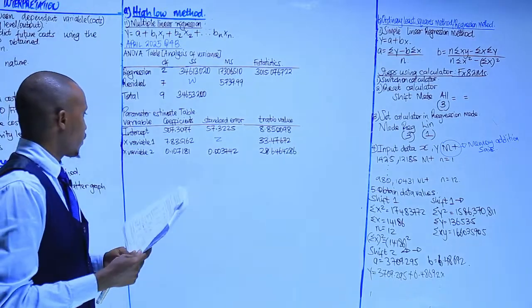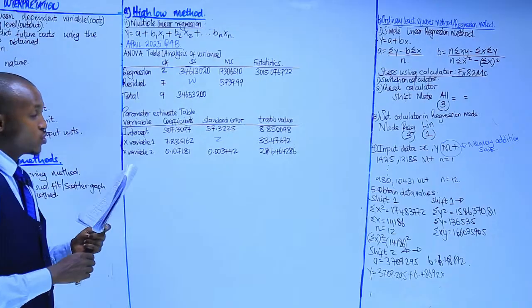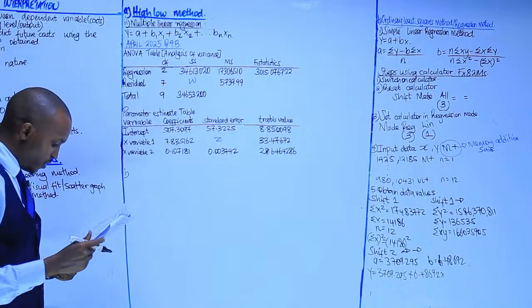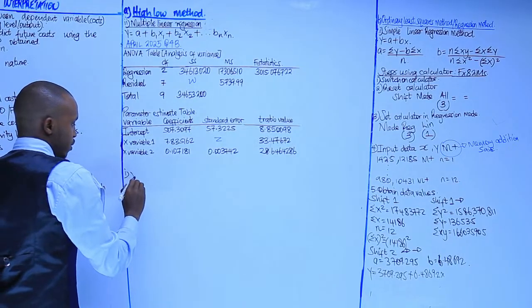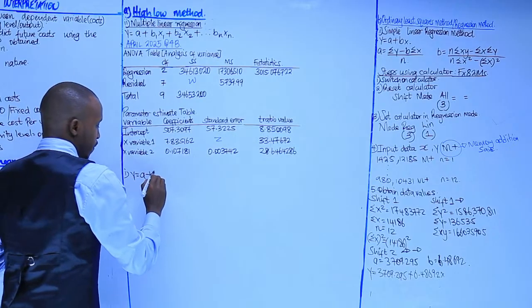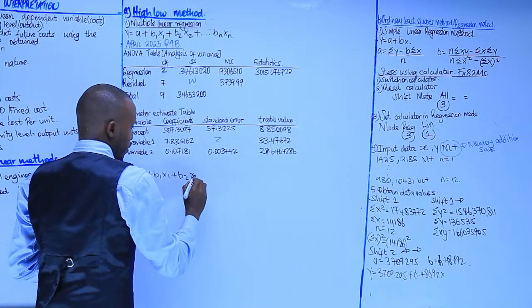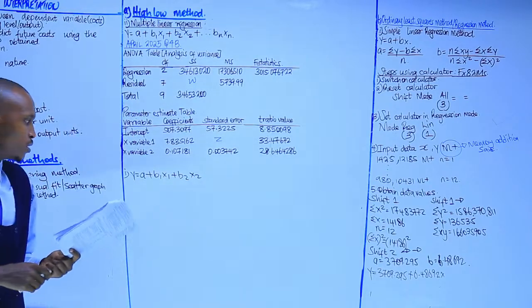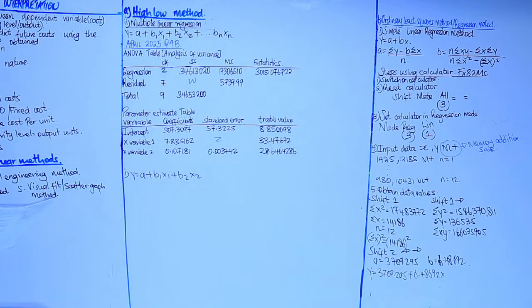Okay. Now, the first part of that question, they're saying write down the multiple linear regression. The form is y equals a plus b1 x1 plus b2 x2.